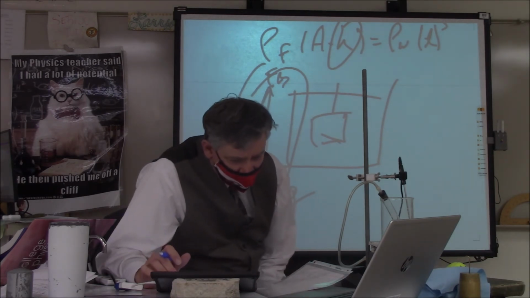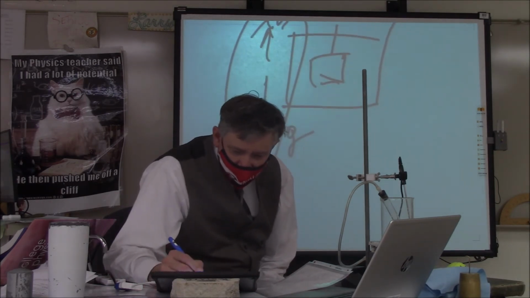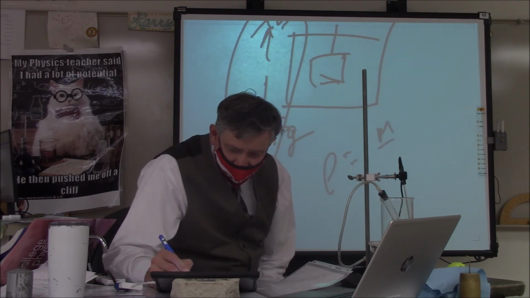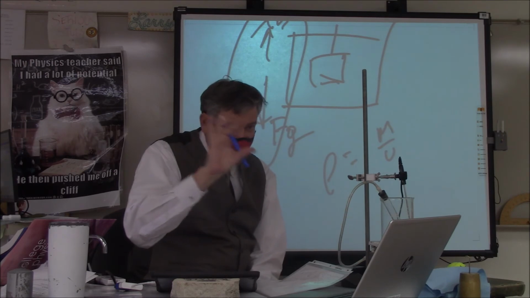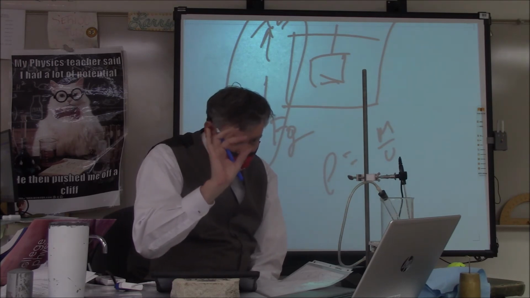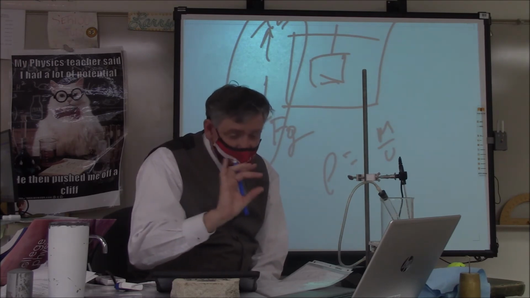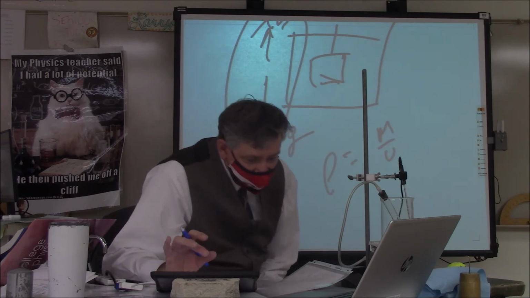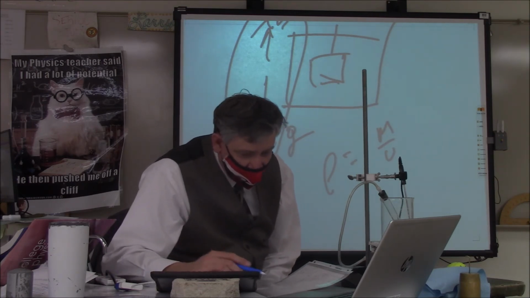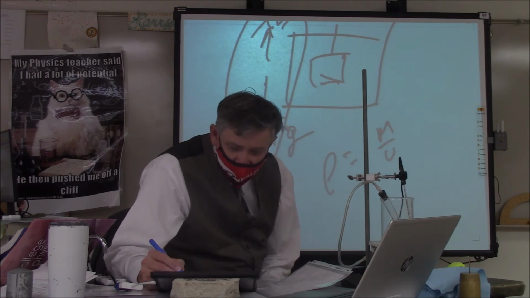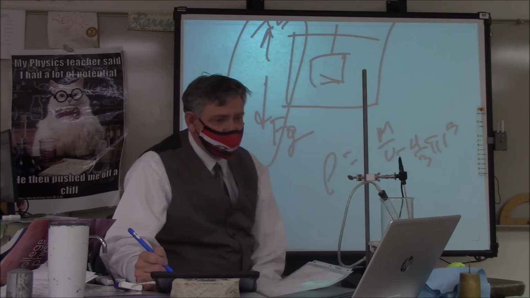On that one, you just take mass divided by volume. Neutrally buoyant just means that it will exactly float in the fluid. It has the same density as the fluid. That's all that means. So you've got the mass, change that into kilograms. Because it's a sphere, the volume is 4/3 pi r cubed.